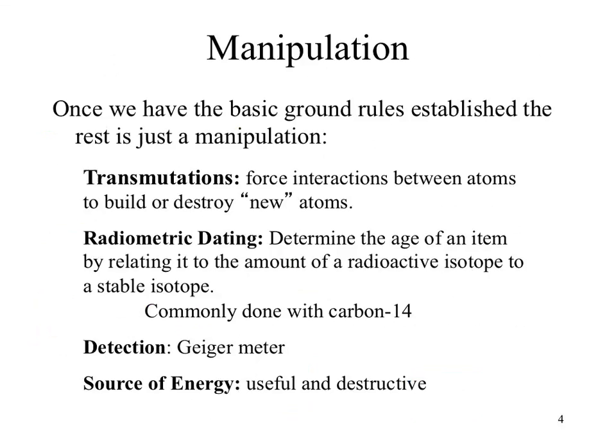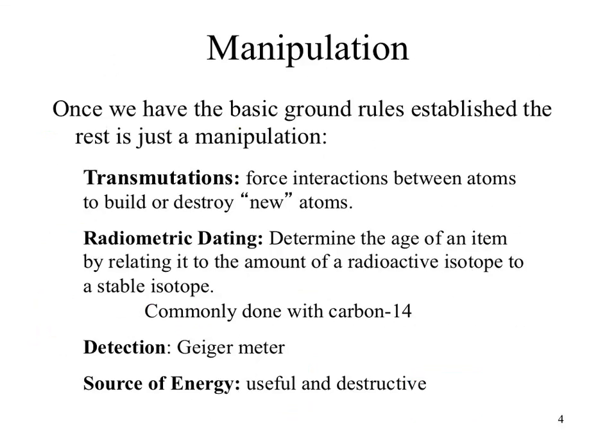And in the process, we run the possibility of being able to generate new atoms. Okay? And that's where we get into the transmutations. So we force different nuclei at very high speeds to hit each other, and then we hope once they hit an impact that we can get them to form a new larger nucleus. Okay? We'll look at an example of that in just a second.